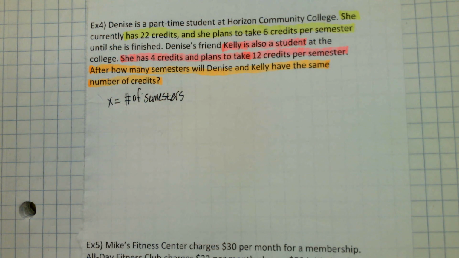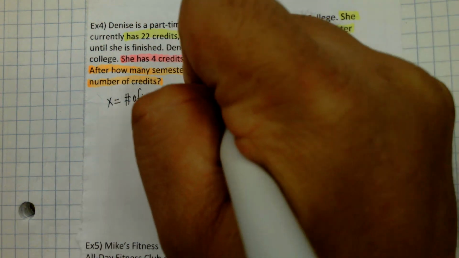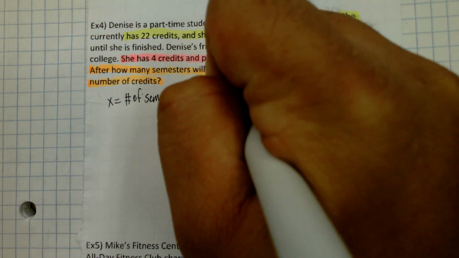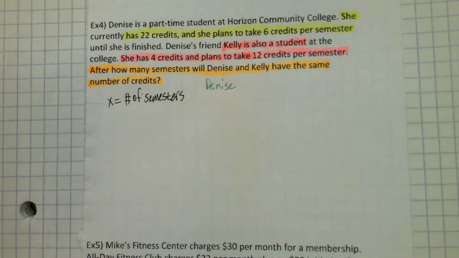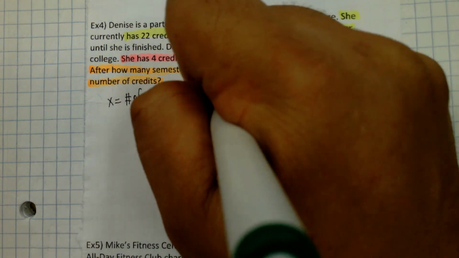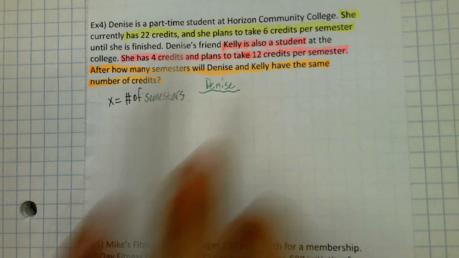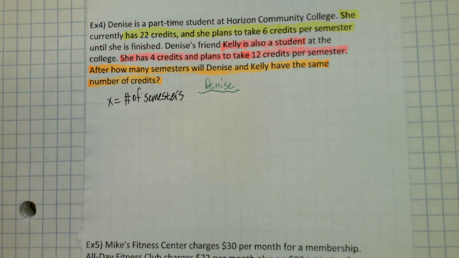Okay. So we have two people, right? Denise and Kelly. So let's start with Denise. Can we put into an expression how many credits Denise has or is going to be taking?